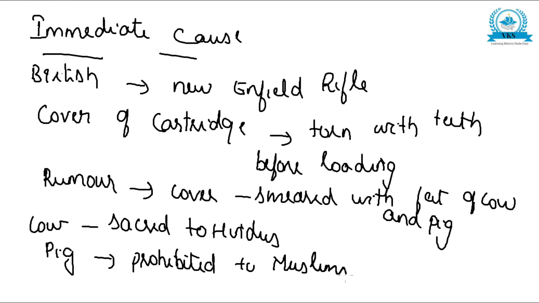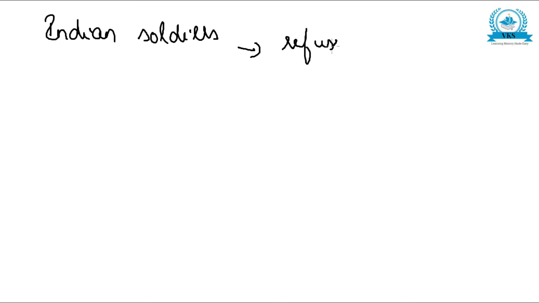So this became a very big issue, and the Indian sepoys, Indian soldiers, felt that the British were trying to spoil their religion, and they refused to use it. They told we cannot use the rifle.